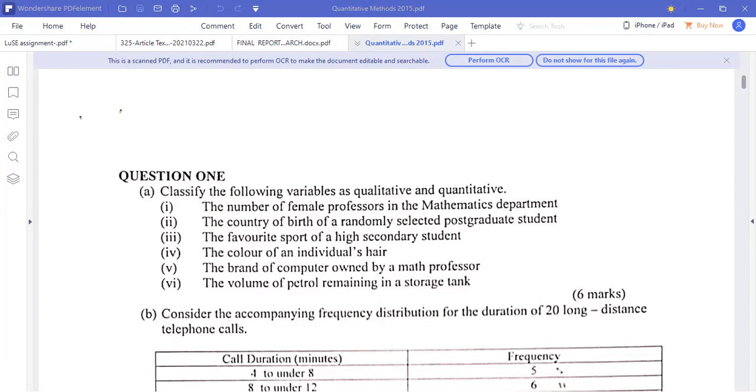When you're dealing with a nominal scale, we're looking at variables that are named with no specific order, whereas ordinal, we're dealing with variables that have a specific order.